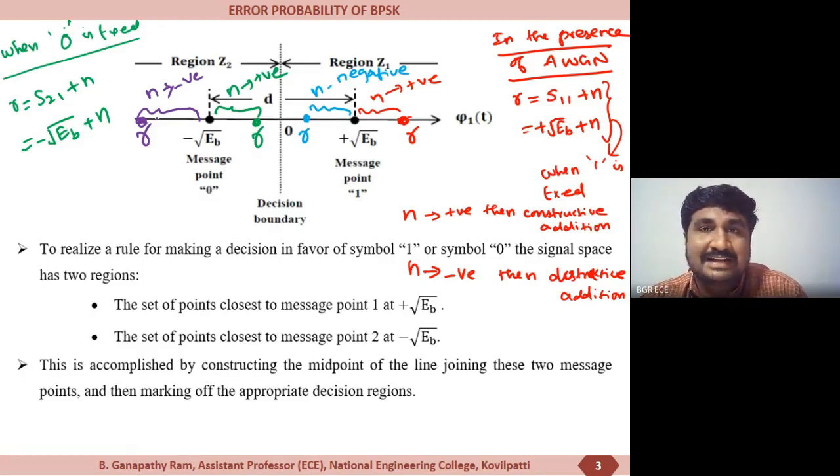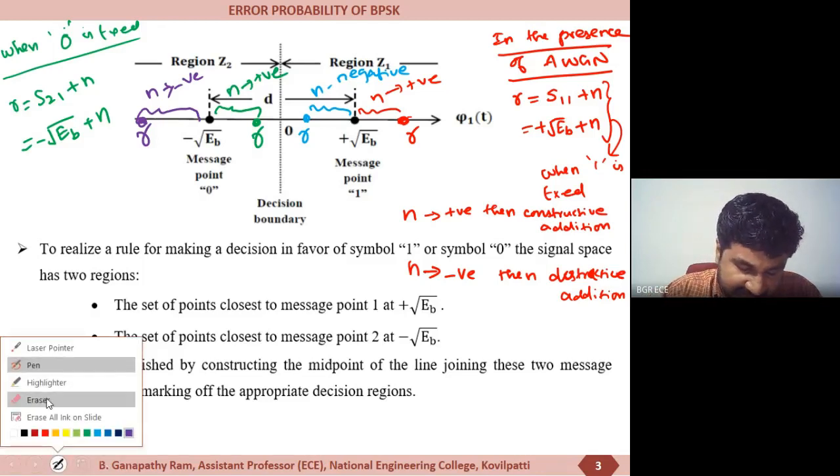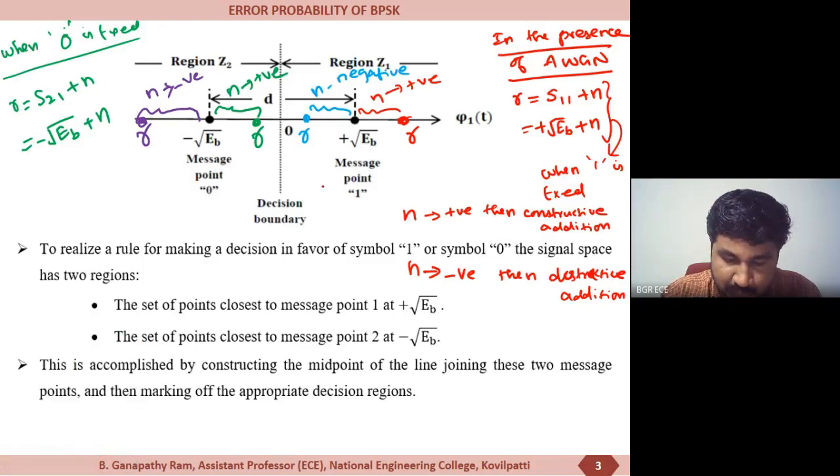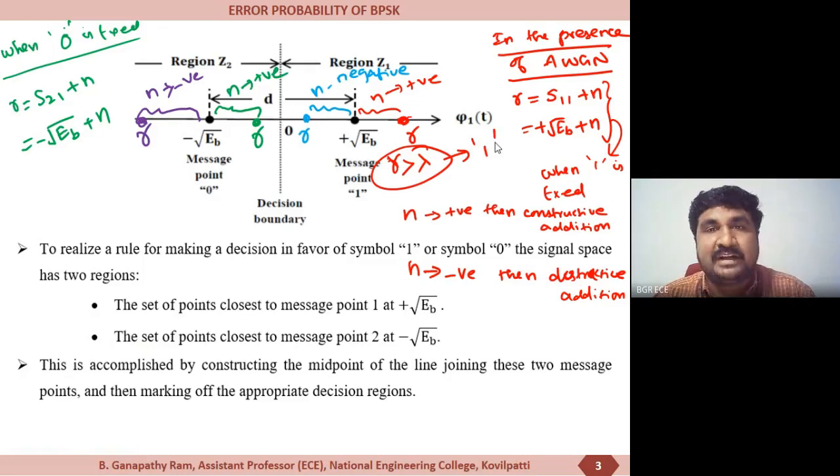So during the transmission of the binary information 1, if N is positive, then we need not bother about it, because the decision rule has been taken in such a way that if R is greater than lambda, the decision will be in favor of 1.